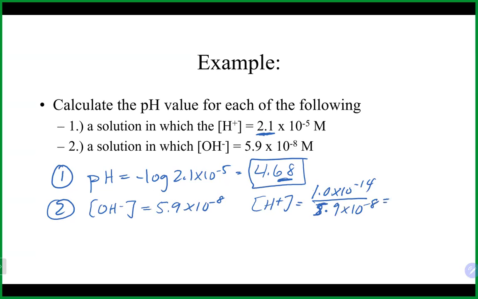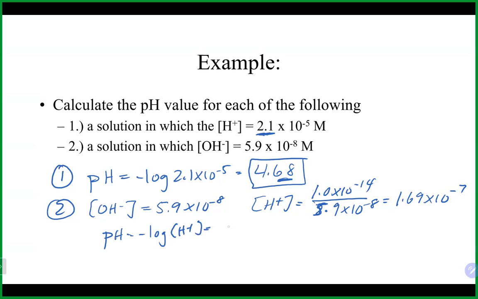And that would get us 1 times 10 to the minus 14 divided by 5.9 times 10 to the minus 8, which is 1.69 times 10 to the minus 7, I think. Now we have it. We could then go into our pH, minus the log of the H plus.